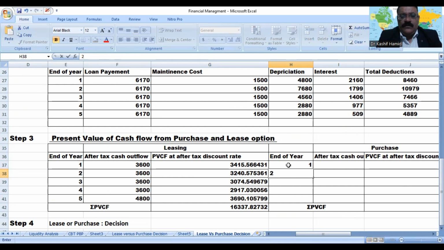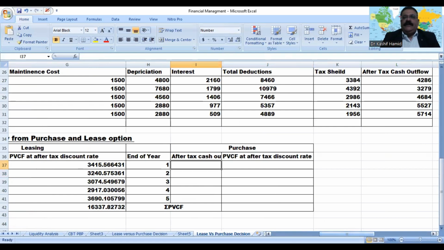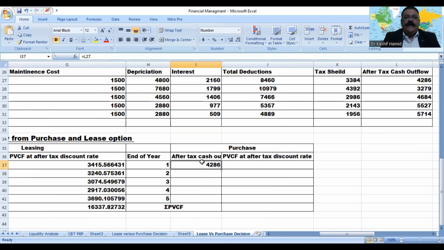End of year cash flows in the same way for the purchase option. 1, 2, 3, 4, 5. After tax cash outflows, as we computed in the second step, we'll drag these cash outflows.